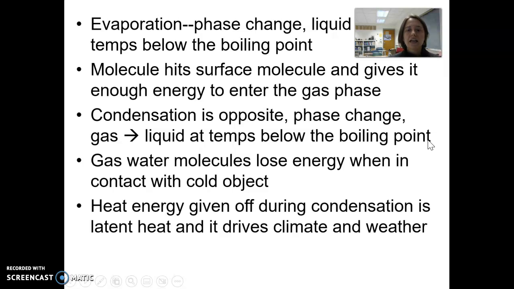Okay, so the heat energy given off during condensation is called latent heat. So kind of like heat that is laying around, stored heat. And we know that water has a very high specific heat. So when water vapor condenses to water droplets, like in the atmosphere in a cloud, and you times that by a million, billion, gazillion, that's a lot of energy being given off.